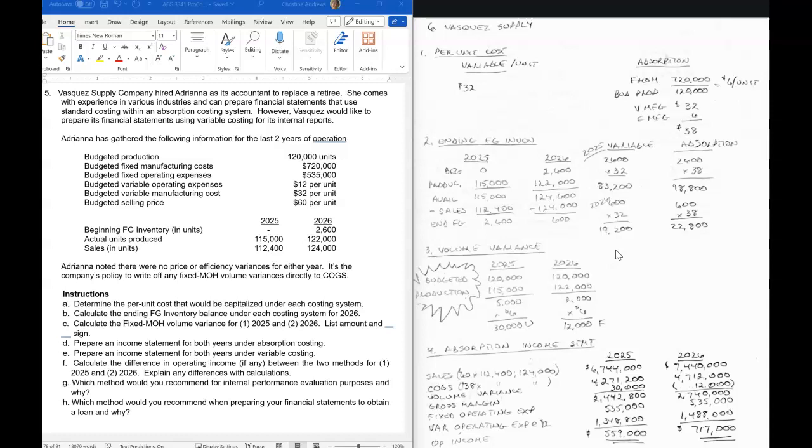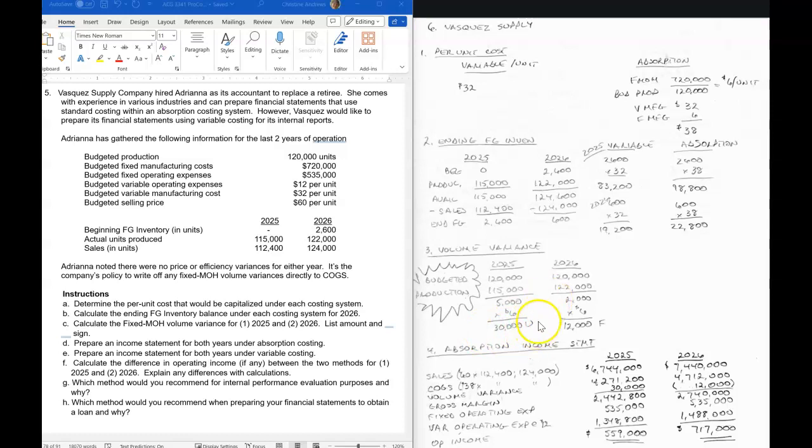In 2025, our budgeted production was 120,000. We actually produced 115,000, so we're 5,000 units under. At $6 of fixed manufacturing overhead apiece, that's a $30,000 unfavorable volume variance.